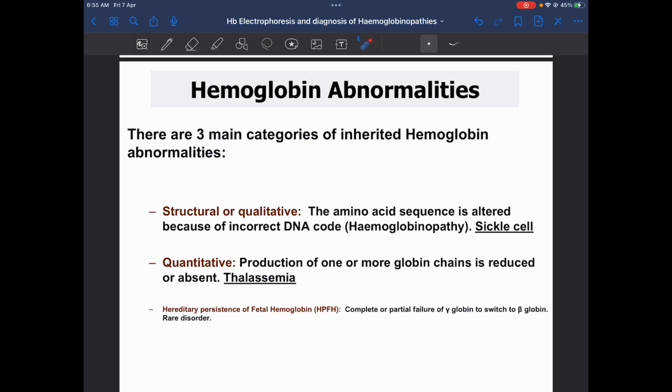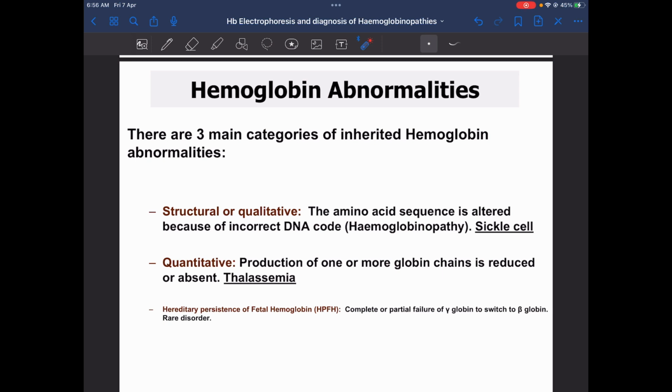How that happens is there's some sort of a mutation that occurs in the amino acid sequence in the DNA, which leads to, again, incorrect DNA, and that will translate to incorrect proteins. And so the globin chains will be totally incorrect, right? They're not gonna function optimally because they don't look like what they're supposed to. And one such example of a disease would be sickle cell.